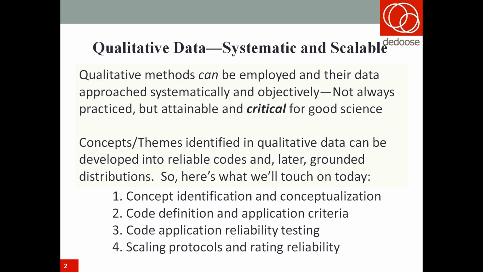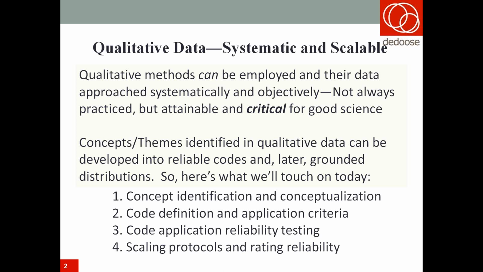Qualitative methods can be very systematic and objective. This is certainly not true in all cases, but it's attainable, and from my perspective it's critical for good science. The concepts and themes identified in qualitative data can be developed into reliable codes and later grounded distributions, and we'll talk about that.